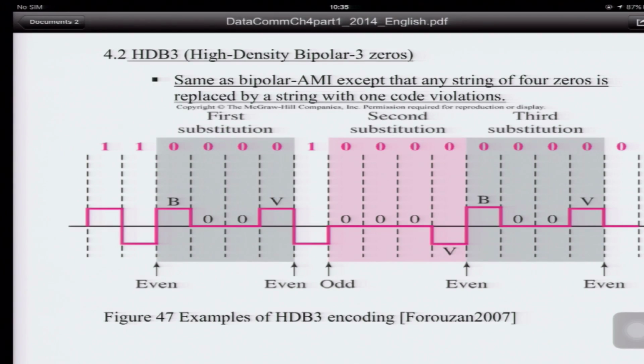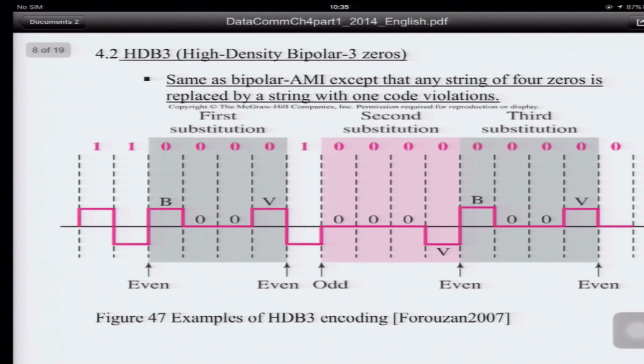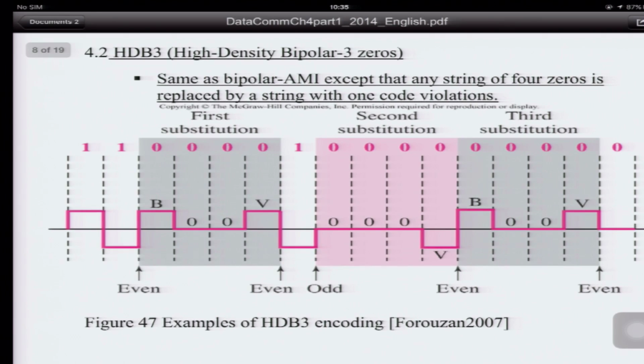The next one is HDB3. In this case, sometimes they don't want even 8 bits of zeros. They want to represent only 4 bits of zeros. In this case, you have 2 cases of the pattern to represent. It depends on the number of ones before the substitution.